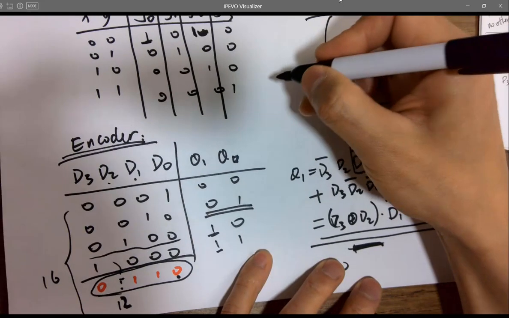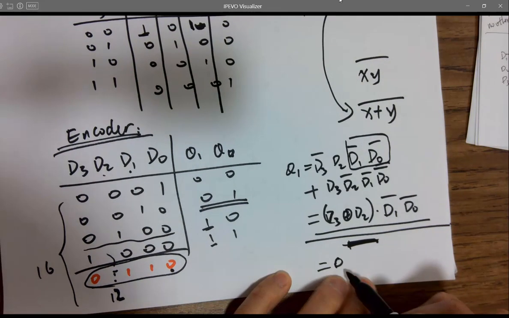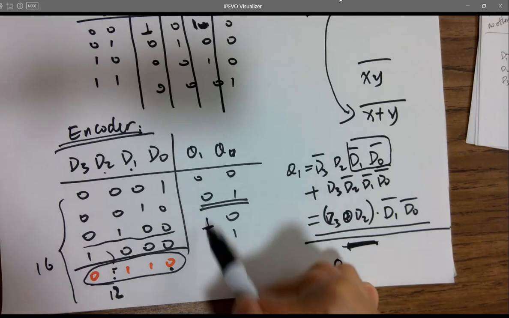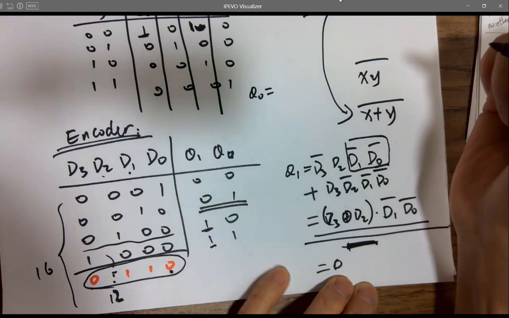I have to write down the Q0s. So if this is 0, it's going to be off. Yeah, let's write down Q0. What is 0 going to be? Q0.